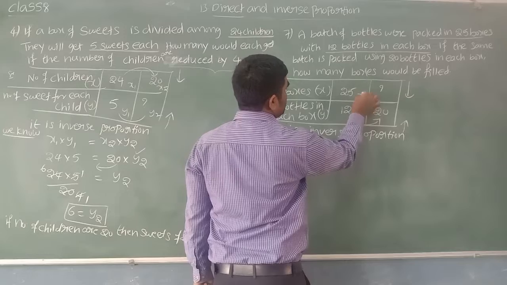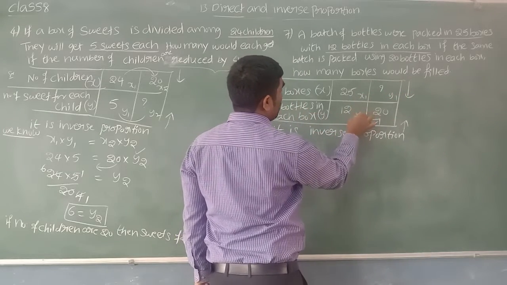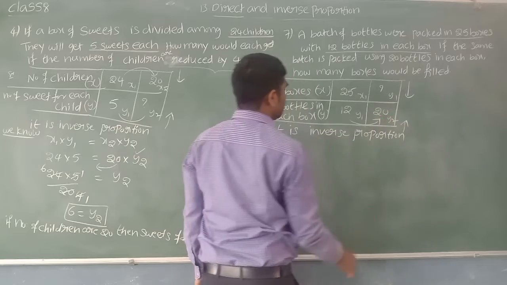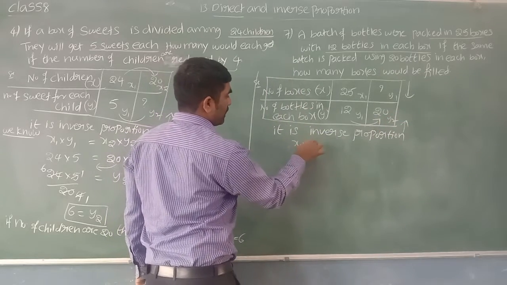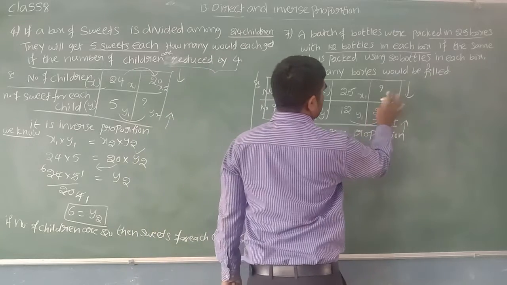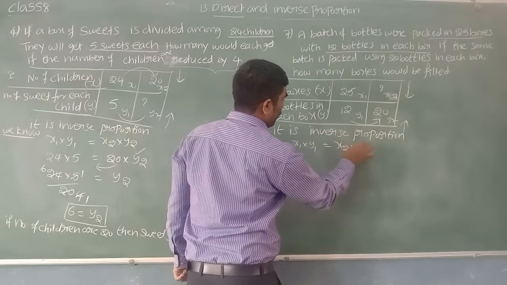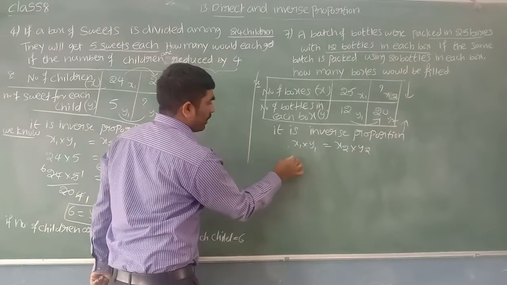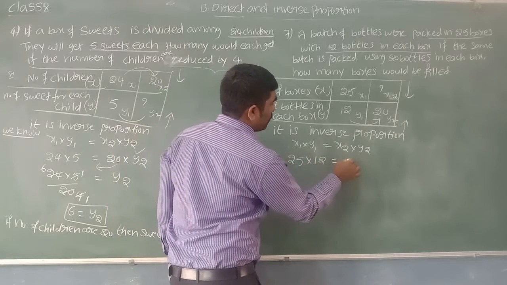The corresponding values of the first quantity are x1, x2, and of the second quantity are y1, y2. Now multiply the corresponding values: x1 into y1 is equal to x2 into y2. So 25 into 12 is equal to x2 into y2.